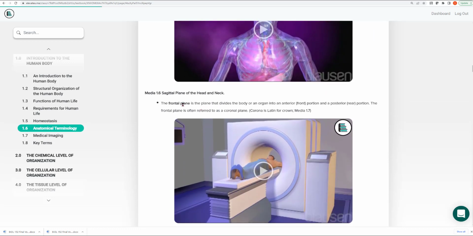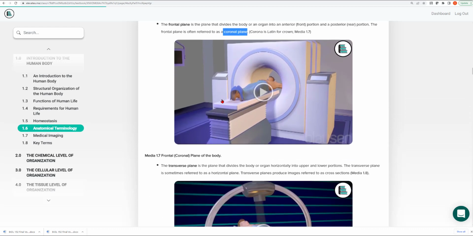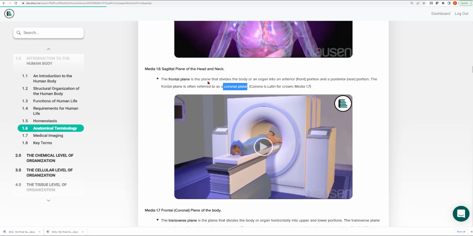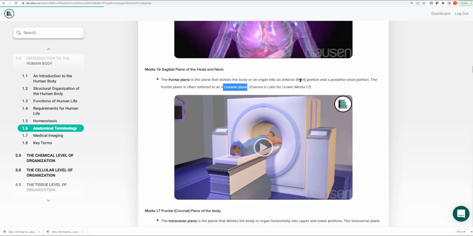Another plane is the frontal plane. The frontal plane has another name. It's also called the coronal plane. So you might want to highlight that frontal plane is the same as coronal plane, so that you know that those are the same. A frontal or coronal plane is going to create front and back sections, anterior and posterior sections.